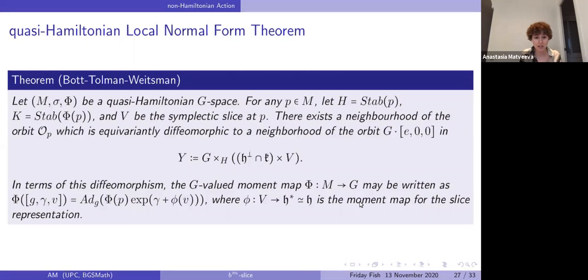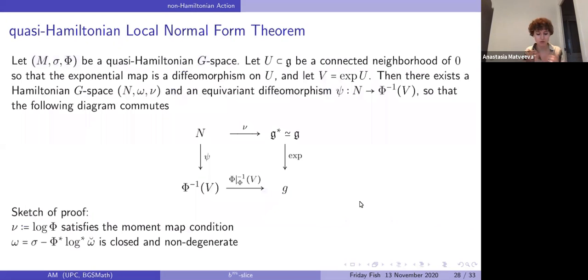For a quasi-Hamiltonian space, it gives us the diffeomorphism between the zero section and the orbit, and also it gives us the expression for the moment map. So proving this theorem includes two important statements.